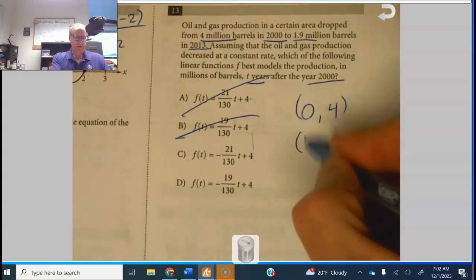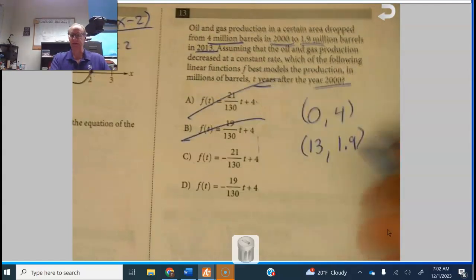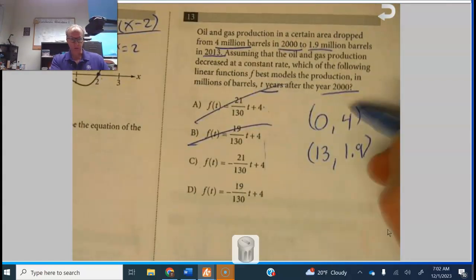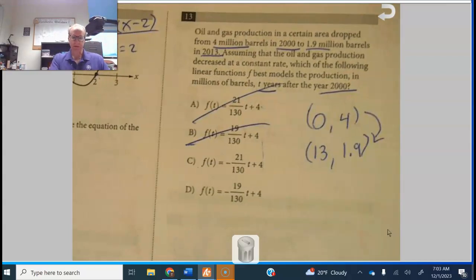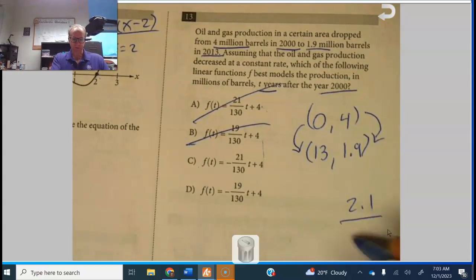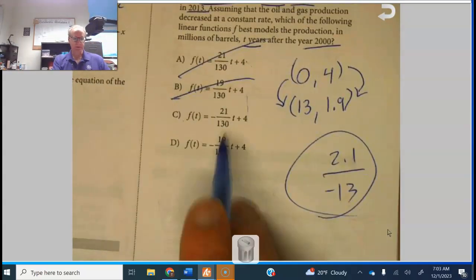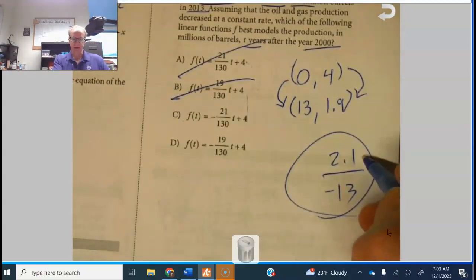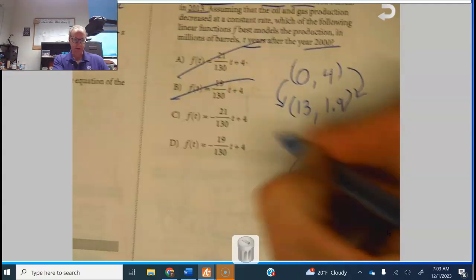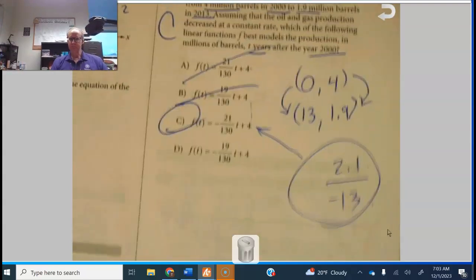But the 13 years later at 1.9 does help us, because what we want is a slope. 4 minus 1.9 is 2.1, and 0 minus 13 is negative 13. There's my slope. And if you look at this, you can see that this is just multiplied by 10, and there it is right there. All done, moving on.